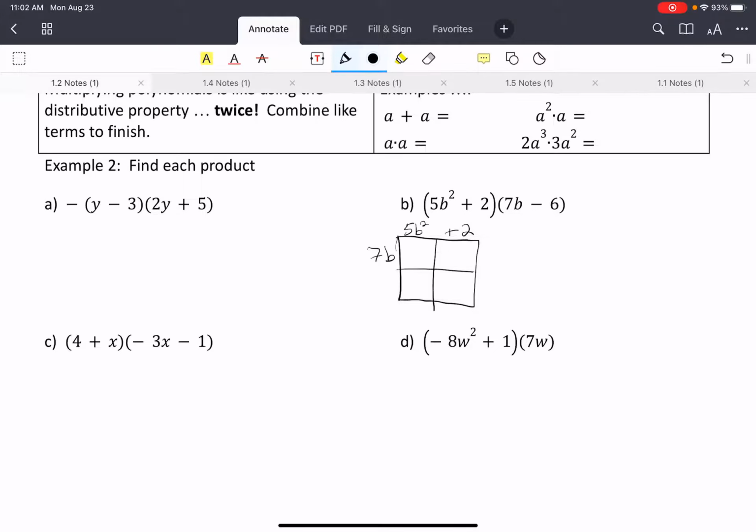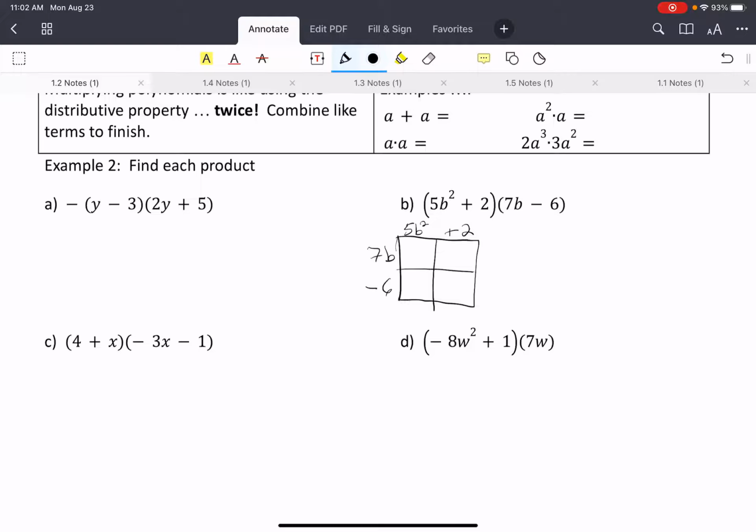It doesn't matter which one is on the top or on the side. Any questions so far? Now for each box, I'm just going to use its length and its width to multiply them together, one at a time.